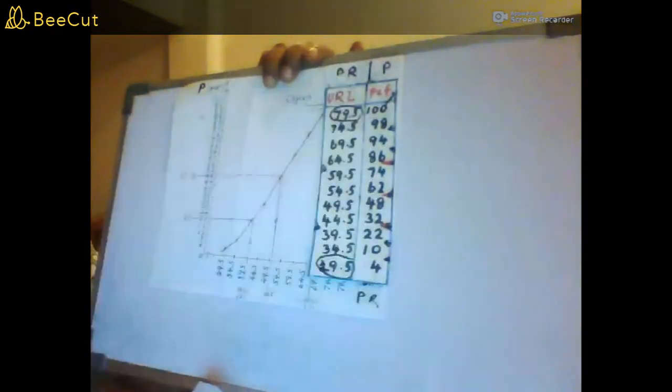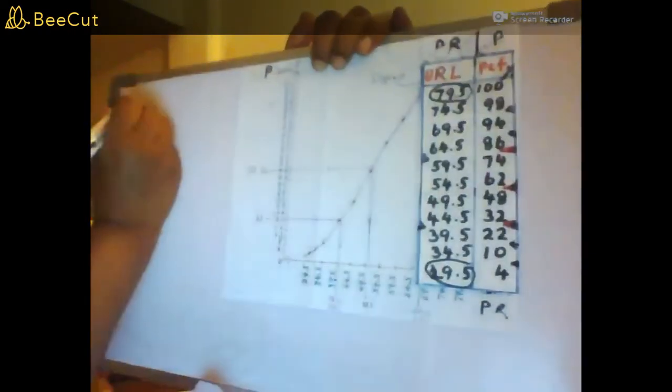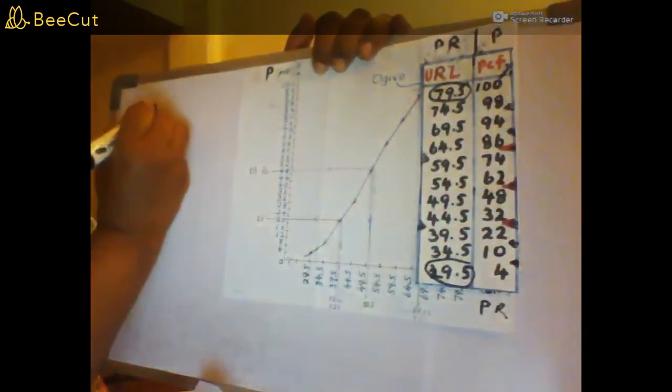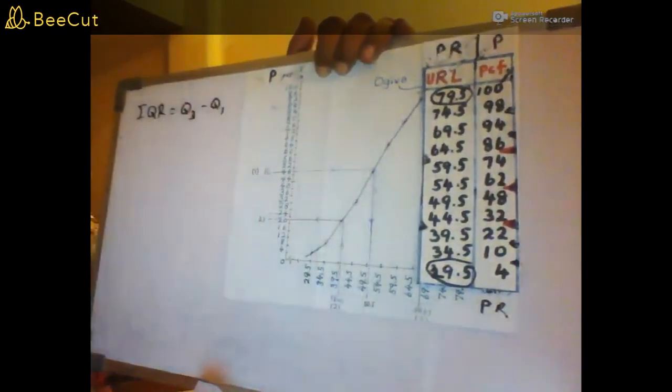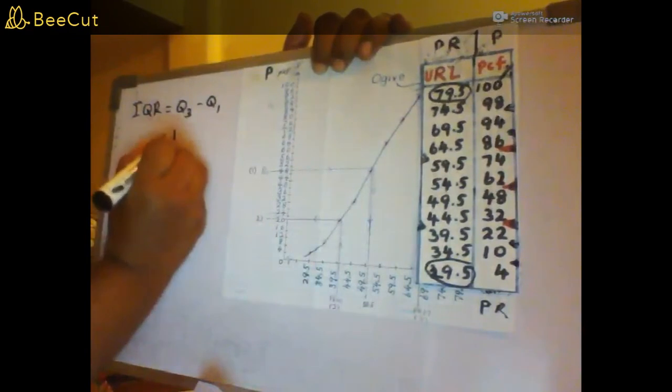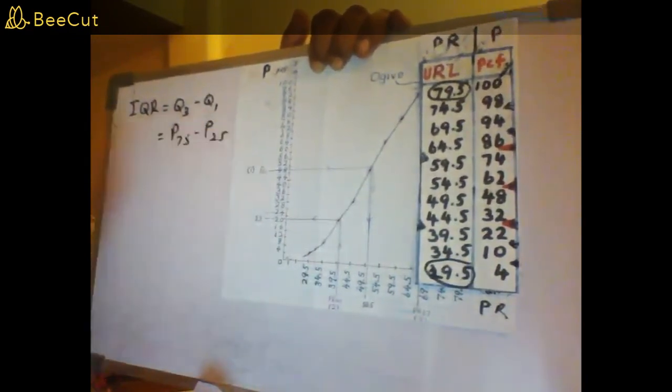For grouped data, there are two methods. One is using P values and PR values. We have to find SIQR. First IQR, that is Q3 minus Q1. In other words, P75 minus P25.